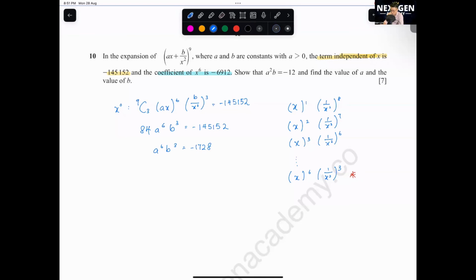Then I am going to reverse this process. This one I put as a cube, so I take the cube root of negative 1728, which will be a squared b equals negative 12. You see in the question, they want us to prove a squared b equals negative 12, right? This is the first equation.